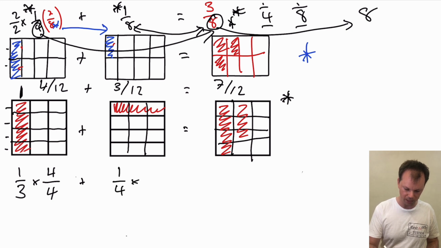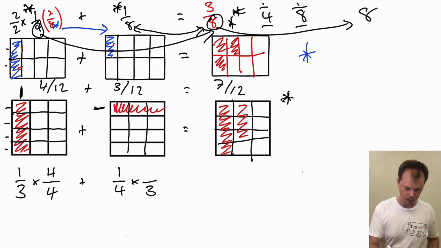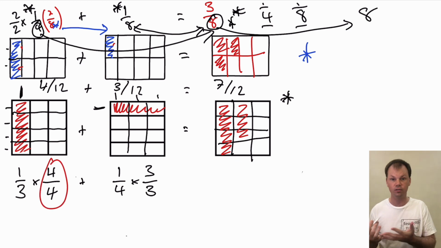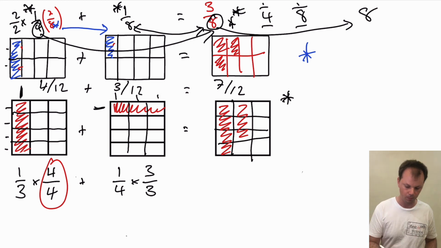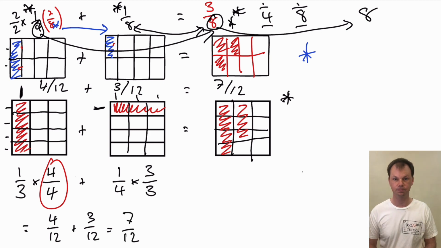We multiplied each of the parts by 3, so we have 12 parts in total. And we multiplied our selected parts by 3. Again, we're multiplying, 4 on 4 is equivalent to 1, so I'm not changing the value of 1/3, I'm just converting it to being 12 parts. This then equals 4 on 12 plus 3 on 12, which equals 7 on 12. And we have our final answer.